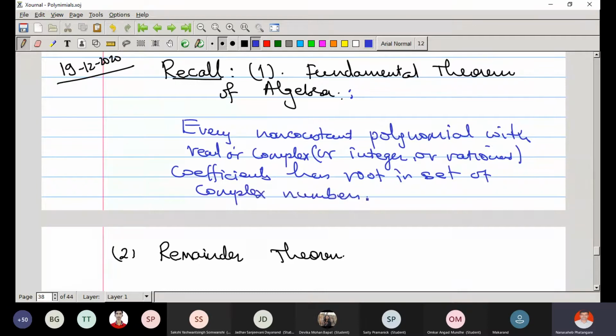Right, so every non-constant polynomial always has roots in complex numbers.